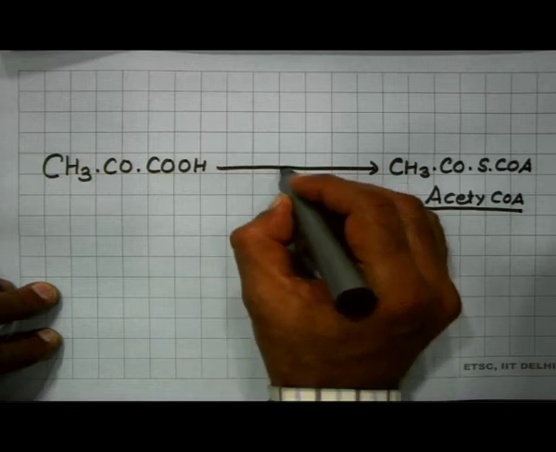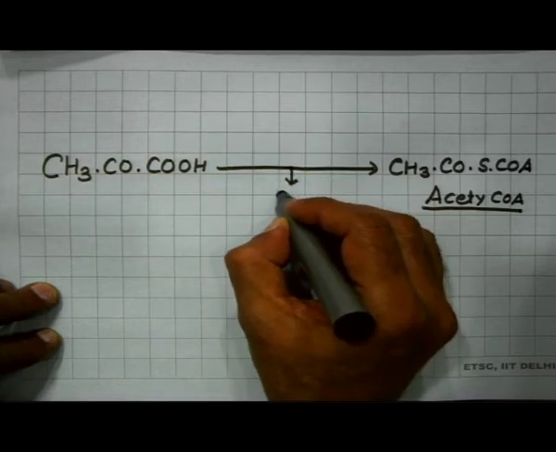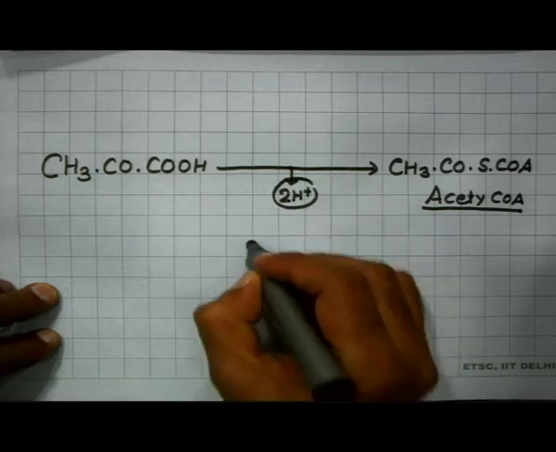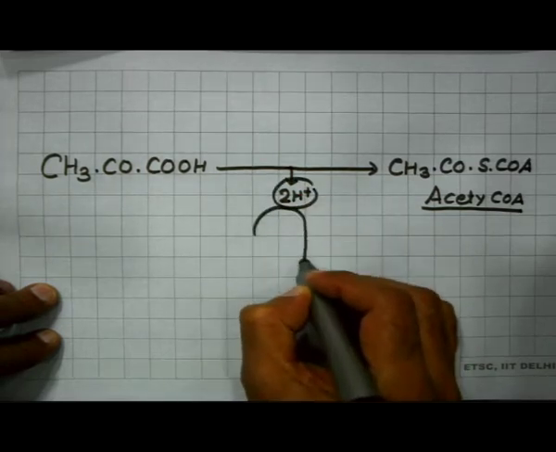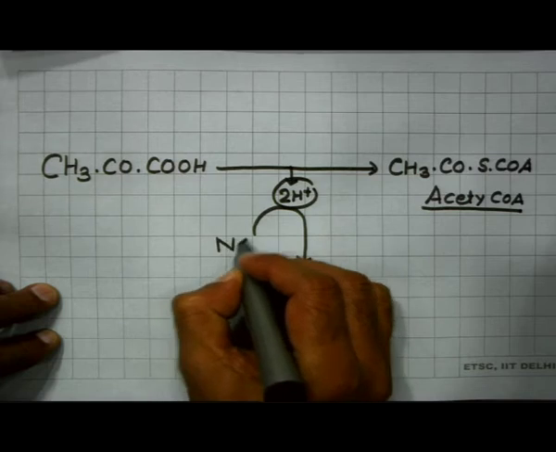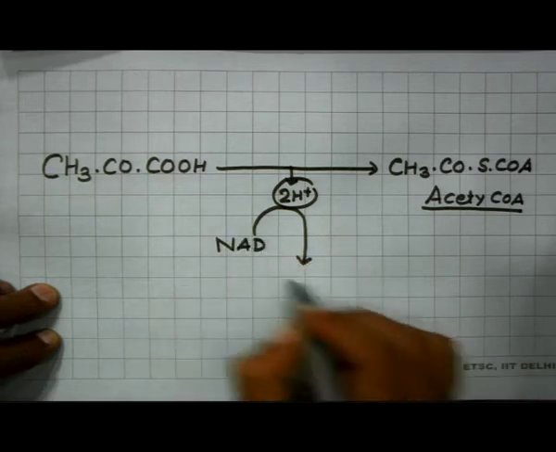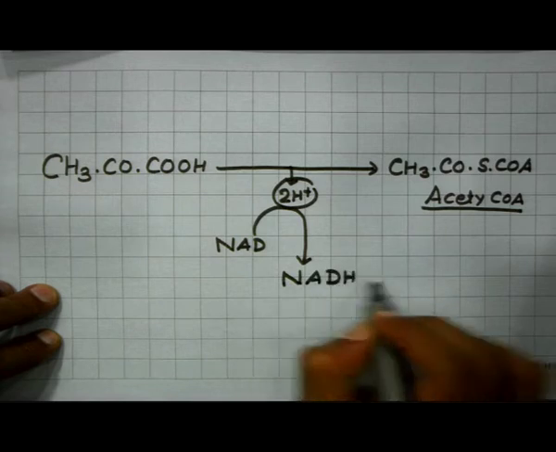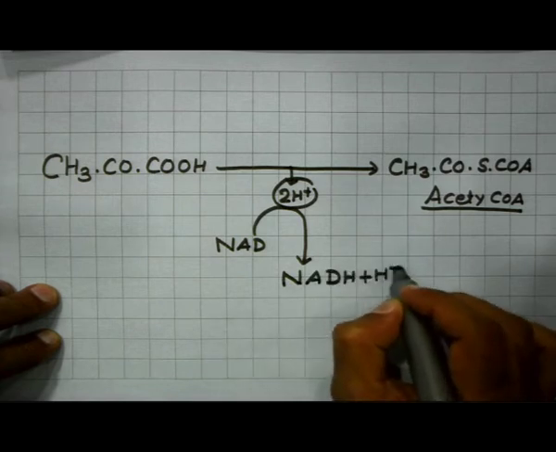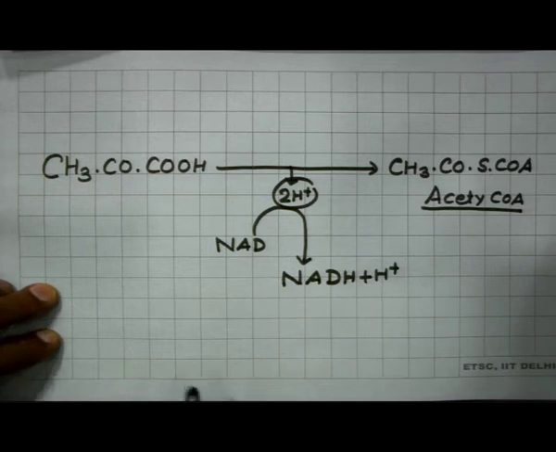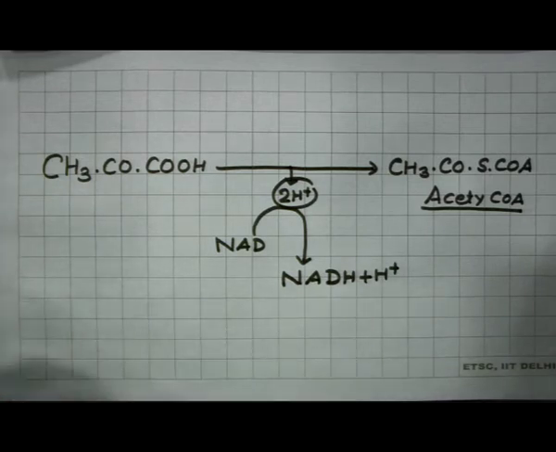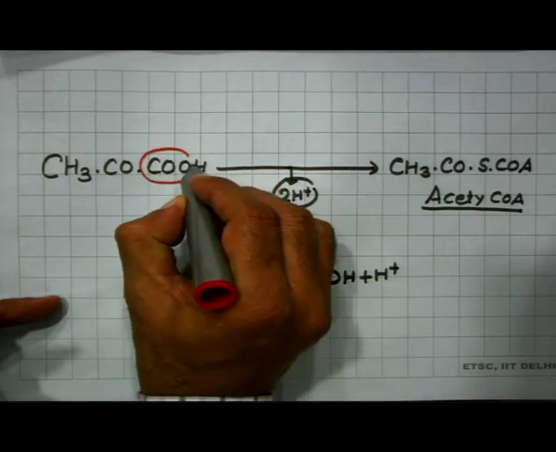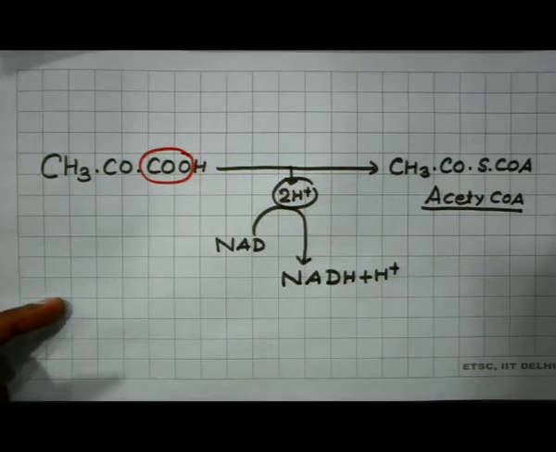There is a release of protons in the form of hydrogen, which is accepted by NAD and converted into NADH plus H plus, and the carbon dioxide of the pyruvic acid is also removed.